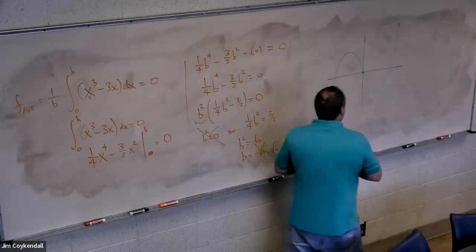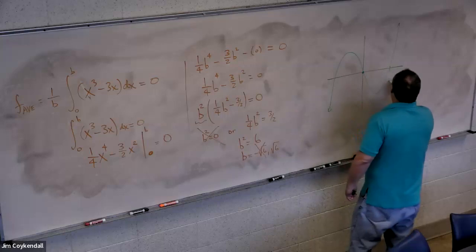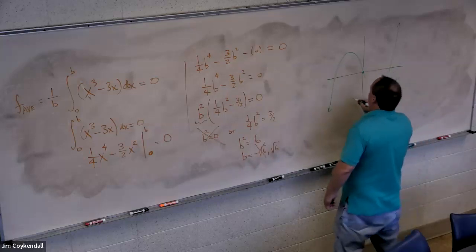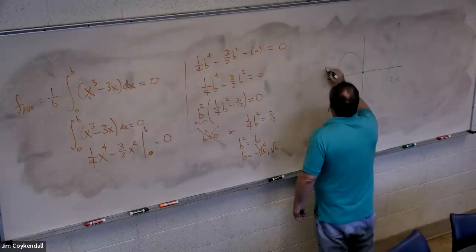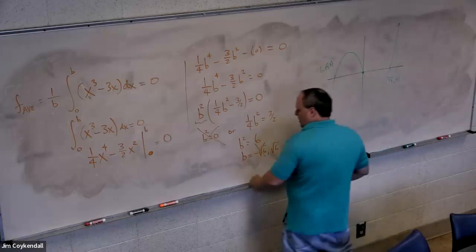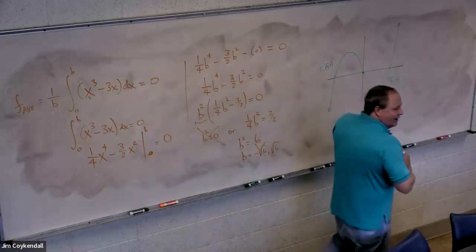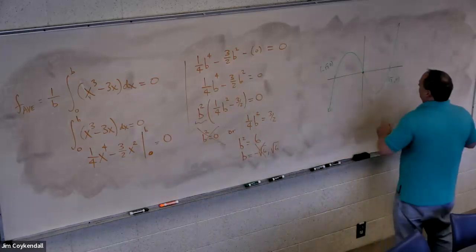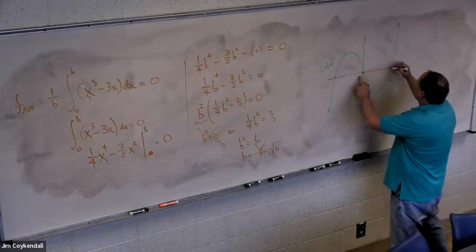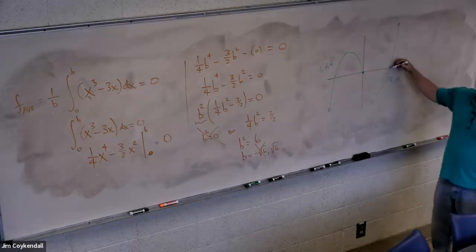I will average, so this is radical 3, 0 right here. This is minus radical 3. To get the average value to 0, we had to get the integral to 0. Notice that going from 0 to radical 3, you're going to get a negative, right?